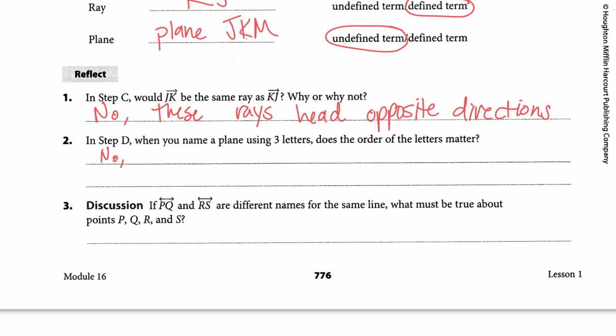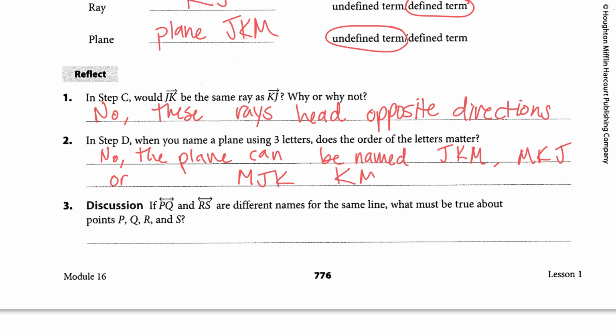No. The plane can be named JKM, MKJ, or MJK, or KMJ, or JMK. Any of the orders will work.